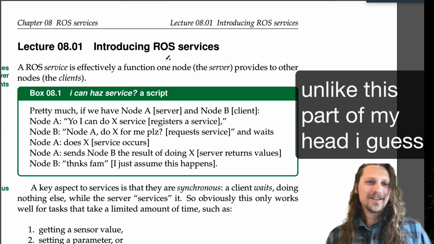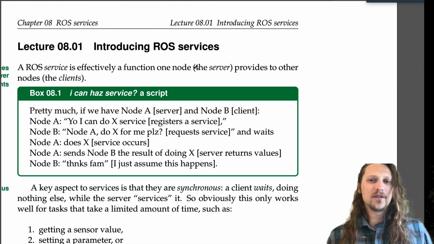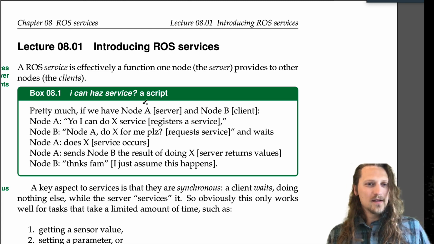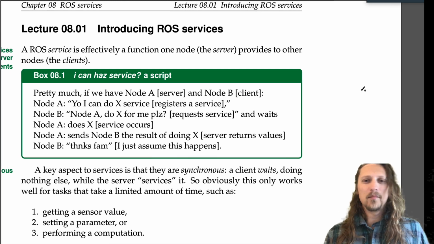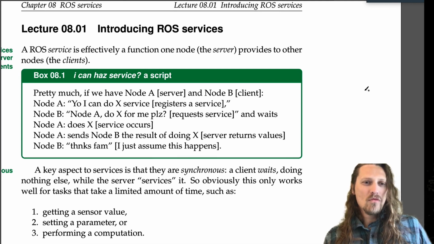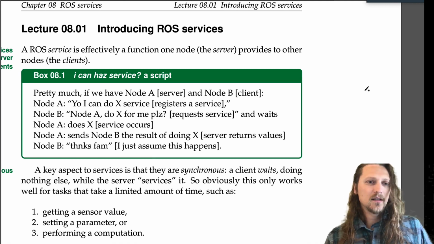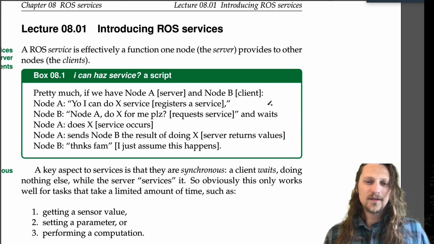A ROS service is effectively a function one node, the server, provides to other nodes, the clients. And then I just got cute with it. In box 8.1, I can has service, a script, like for a screenplay or a play on a stage. So pretty much, if we have node A, which is the server, and node B, which is a client, node A says, yo, I can do X service, which is to say it registers a service.